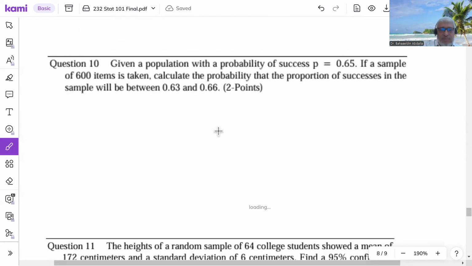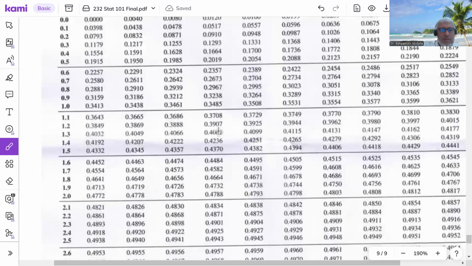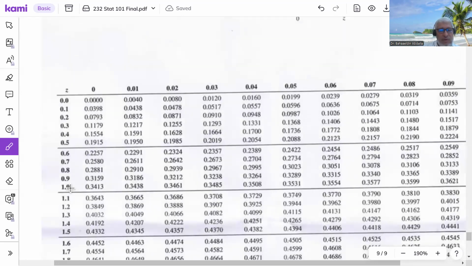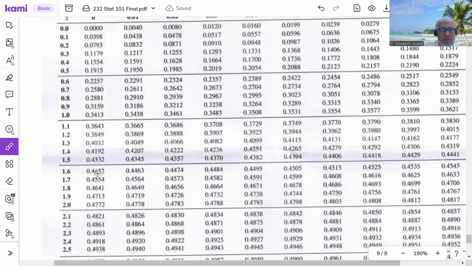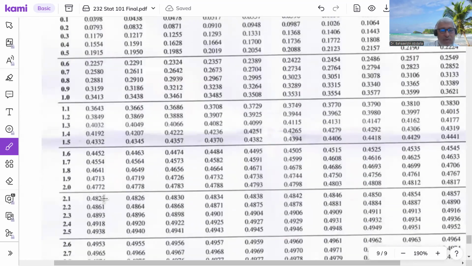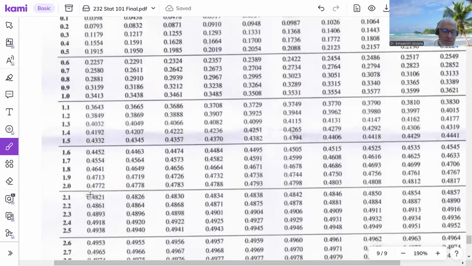So at 1, this is 1. So the probability is 0.3413. I'll add them in the calculator at once. 0.3413 plus, at 2, this is the probability 0.4772.